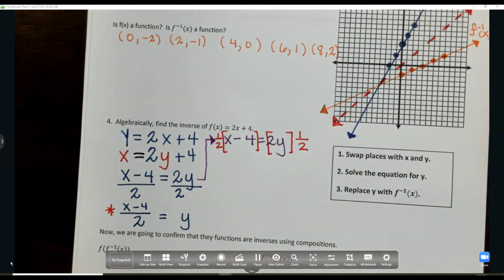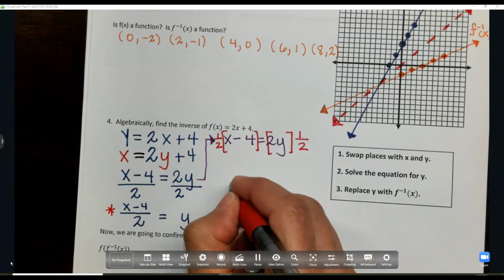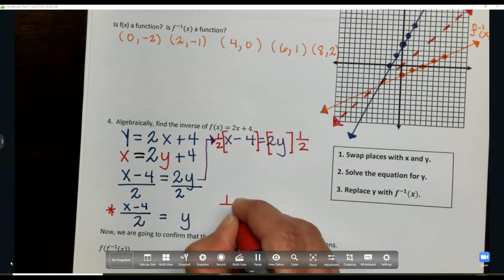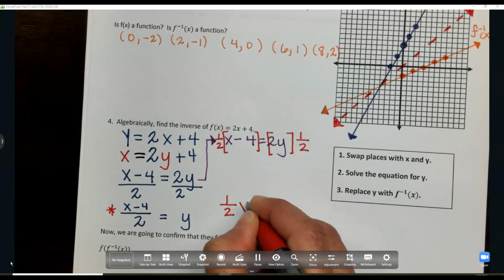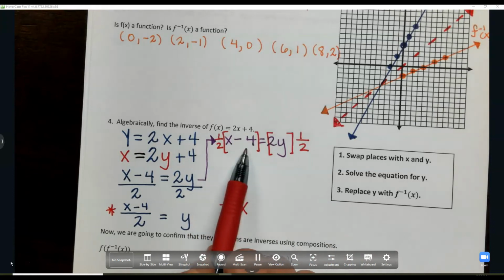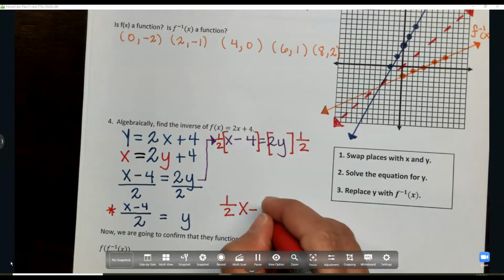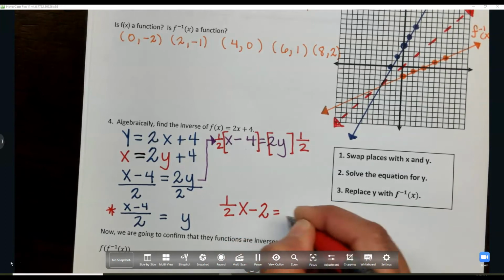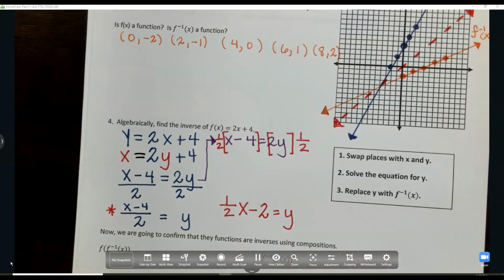So now we're going to distribute that 1/2 over there on the left side. So now it's going to look like 1/2 x, and then y'all, what's 1/2 times a negative 4? Negative 2, thank you. And that's going to equal y.